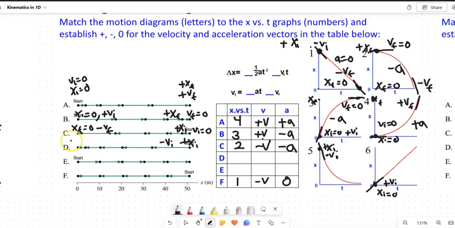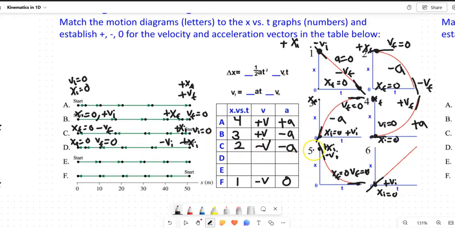In the end, its final position is equal to 0, but its final velocity is also equal to 0. So in the end, its final velocity is equal to 0, and its final position is equal to 0.